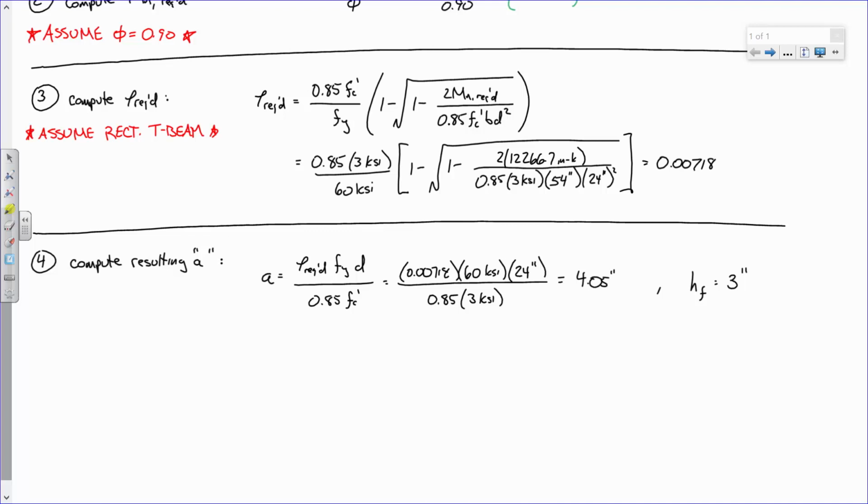So we assumed it was a rectangular T-beam. That assumption is invalid. So therefore, assumption invalid. This is a true T-beam.